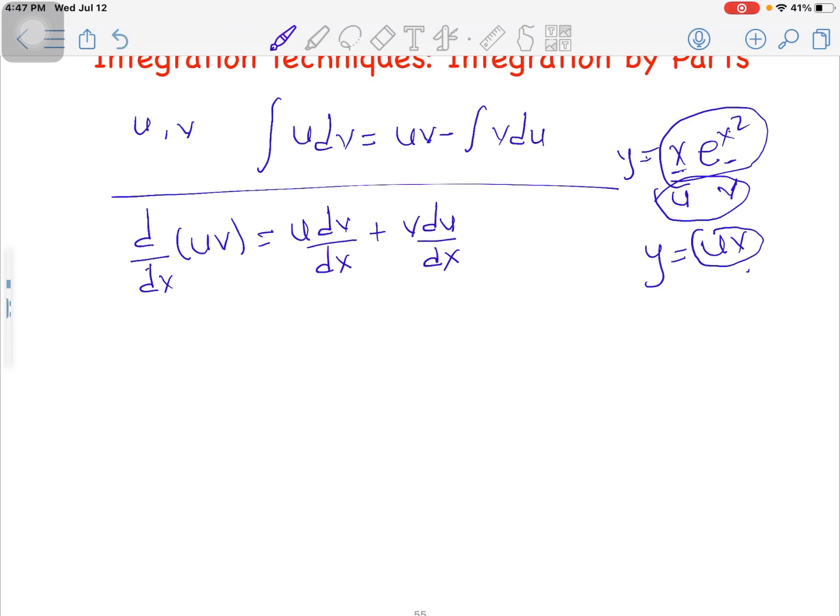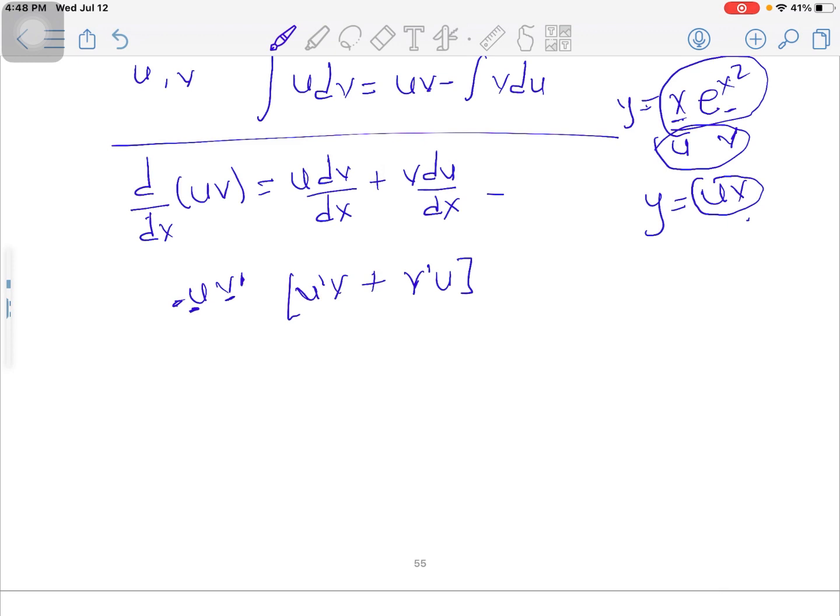What this simply means is that when you have two functions multiplying together, like u and v, you differentiate this, multiply by this, and then differentiate this, multiply by this. You are done. When you differentiate u, you get u prime and multiply by v, then you add, and then you differentiate v, the other function, and multiply by u. That is the product rule that I've written here.